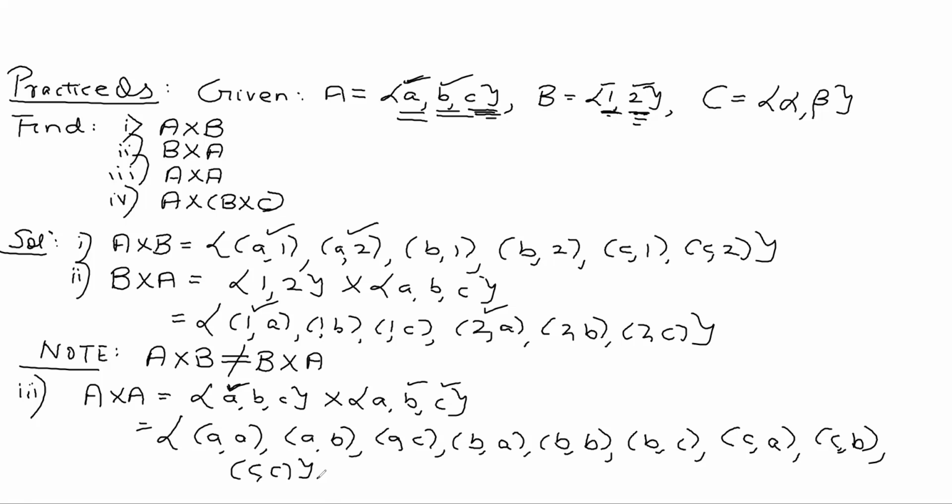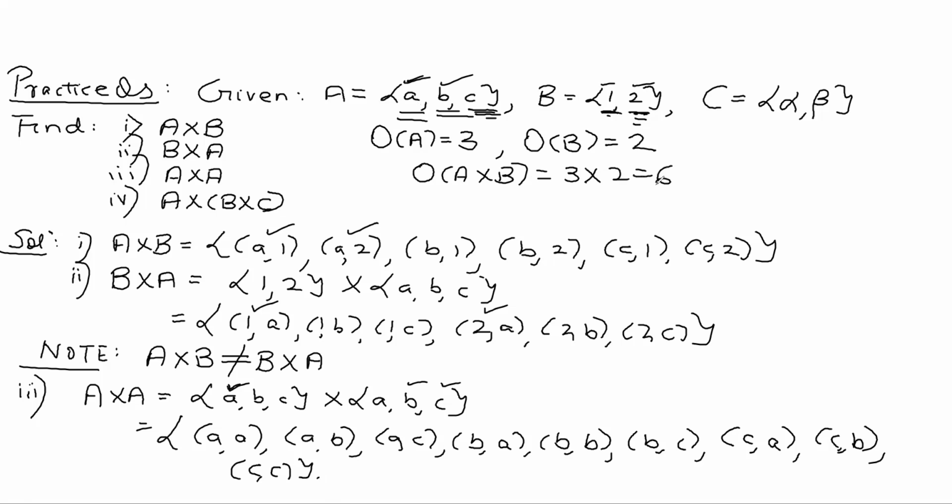You can also observe one thing. How many elements are there in set A? 3 elements. Set B consists of 2 elements. So the Cartesian product A cross B consists of 3 times 2, which is 6 elements. You can count them: 1, 2, 3, 4, 5, 6.